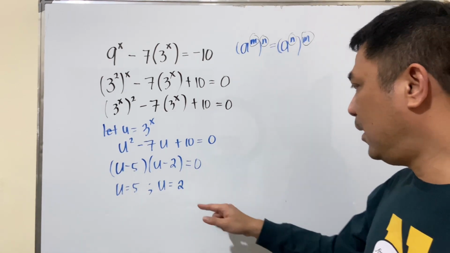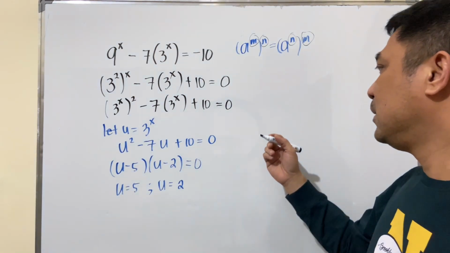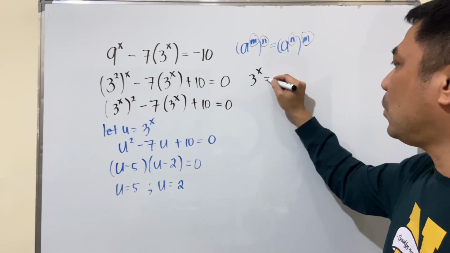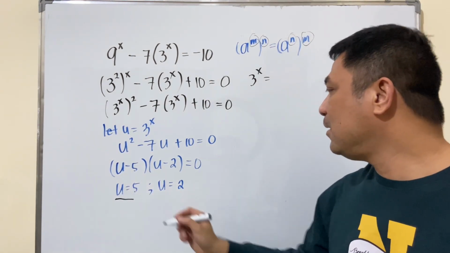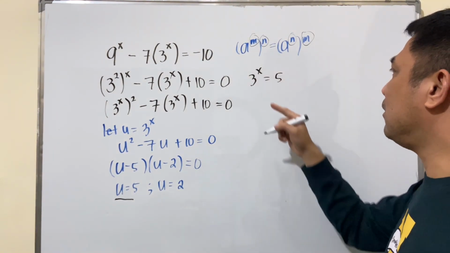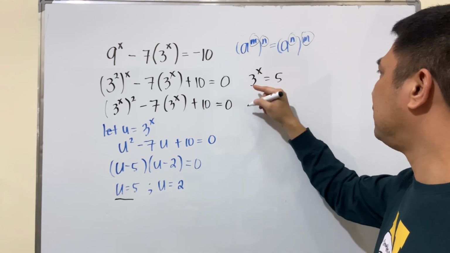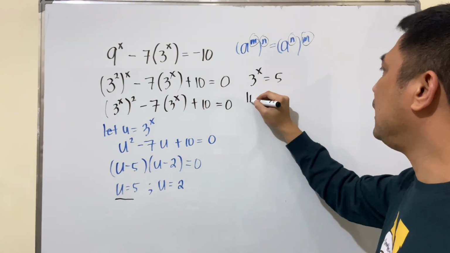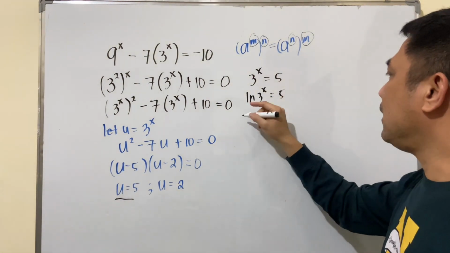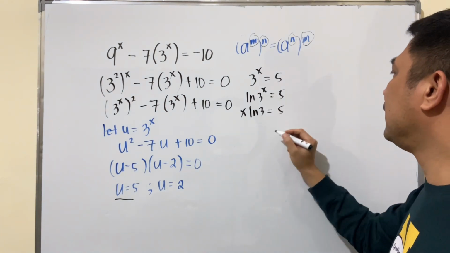Note that u is equal to 3 raised to x. So therefore, if I have 3 raised to x is equal to u, the first value of u is 5. If I want to take the value of x here, I take the logarithms or natural logarithms of both sides, so this will be ln of 3 raised to x is equal to ln 5. Then this can be rewritten as x ln 3 is equal to ln 5.